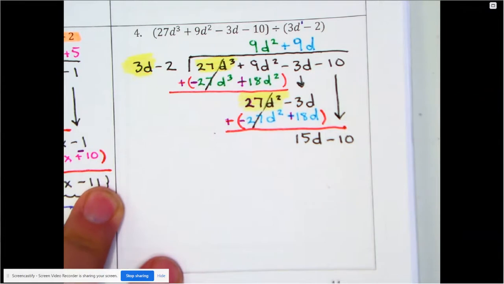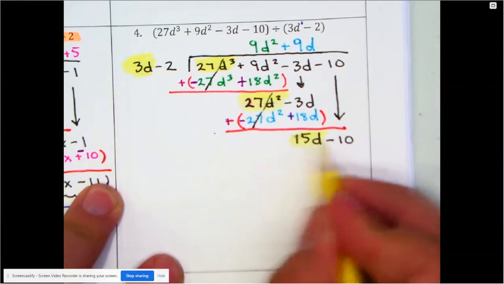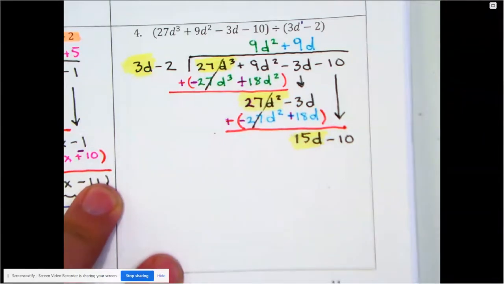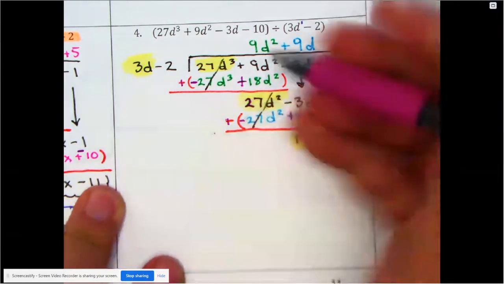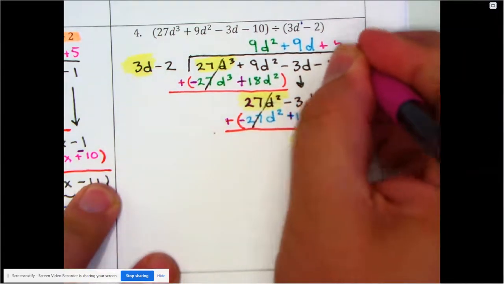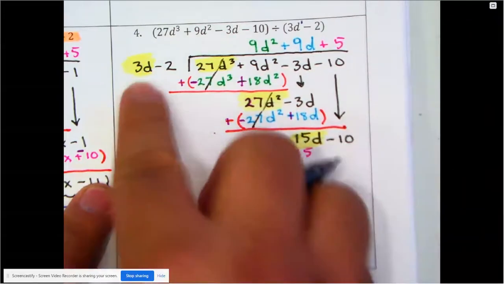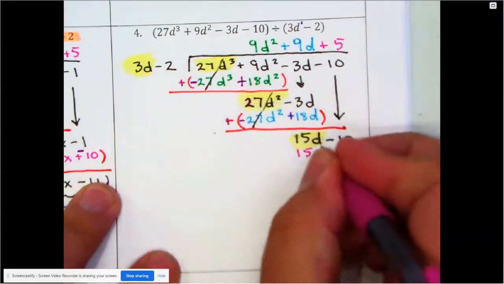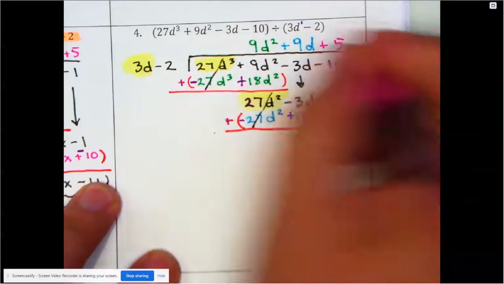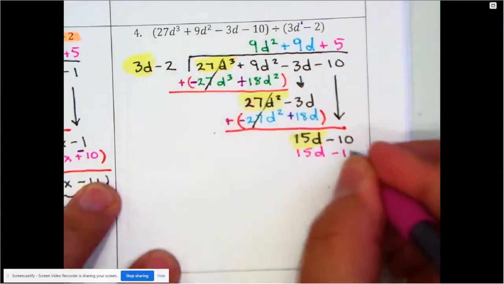And my goal now is to match the 3d with the 15d. So let's see what happens here. 3 times 5 is going to give me that 15. And I already have the letter d, so I don't need another one. So it's just that. 5 times negative 2 is negative 10.